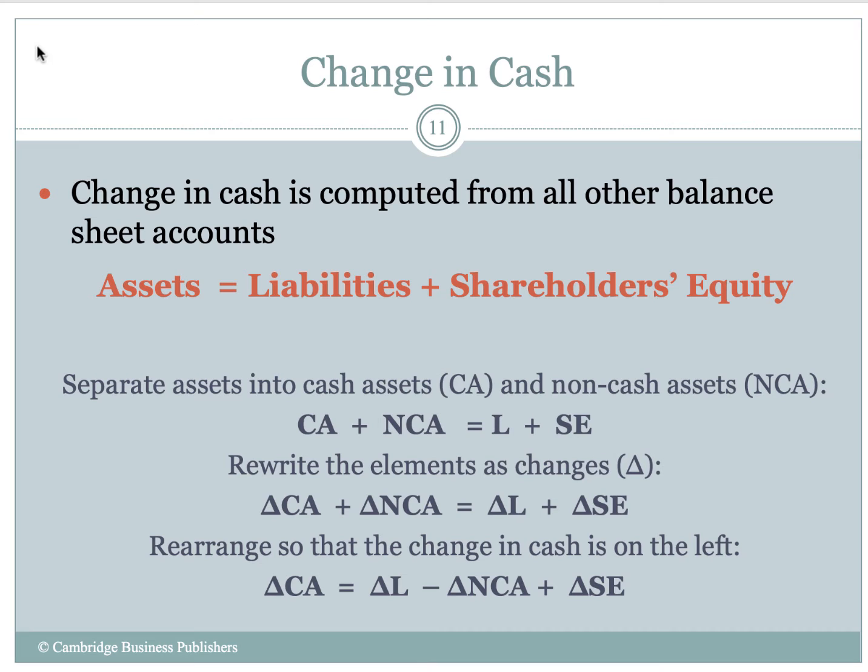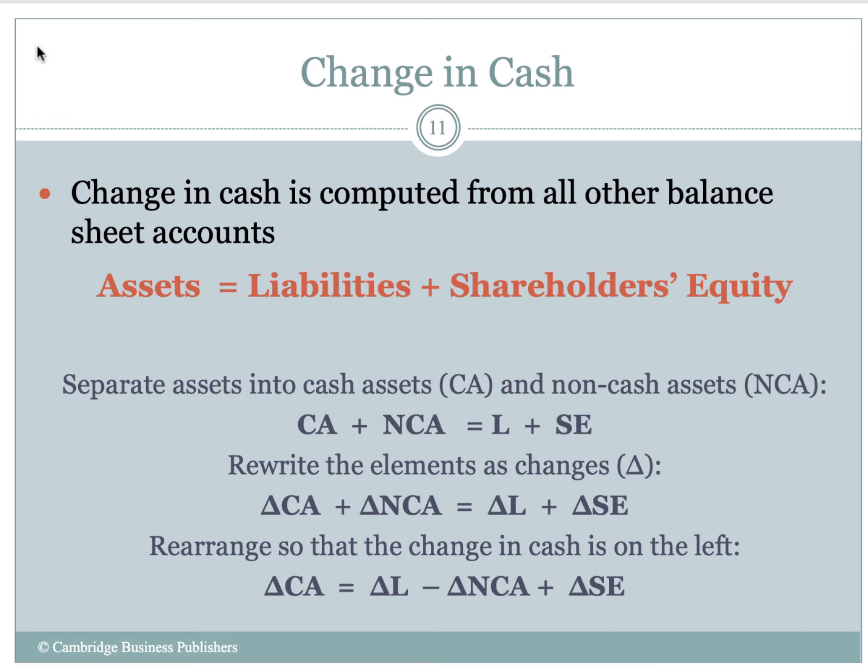So basically, we have to calculate what is the change in cash. Okay? So what's our change in cash from all the other balance sheet accounts, right? So basically, we're going to take our accounting equation, assets equal liabilities plus our shareholders' equity, and we're going to separate assets into current assets, or cash assets, and non-cash assets, right? So we're going to look at all the cash assets that we have.